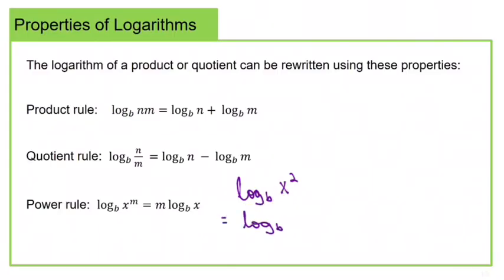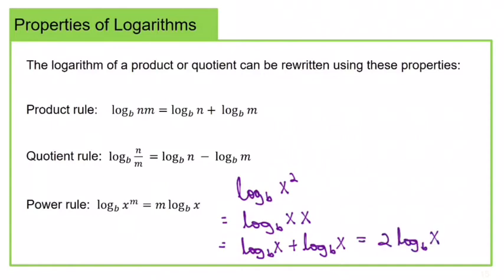Well, x squared can be written as x times x. And then because this is a product, we can use our product rule to split it into two terms. And then I have 1 log base b of x plus 1 log base b of x. So that's just 2 log base b of x. And you see that our 2 that was an exponent ends up being a coefficient.